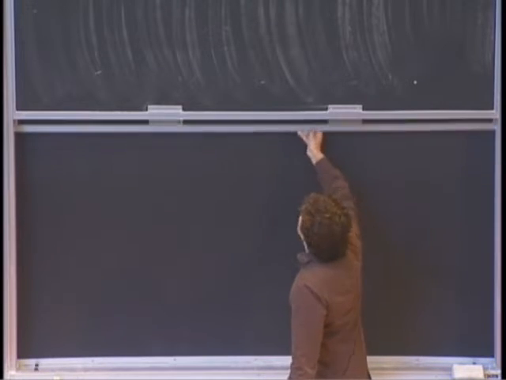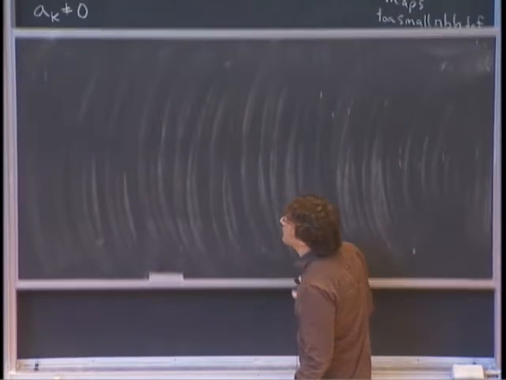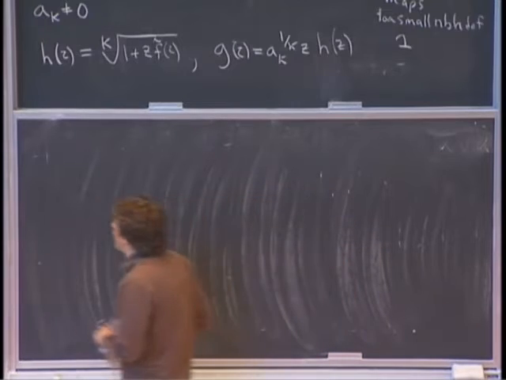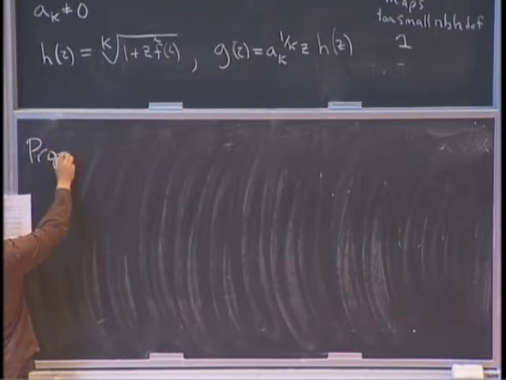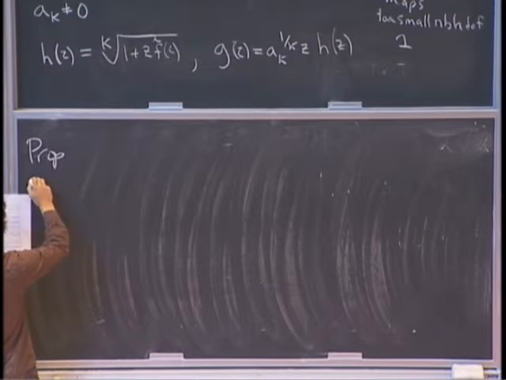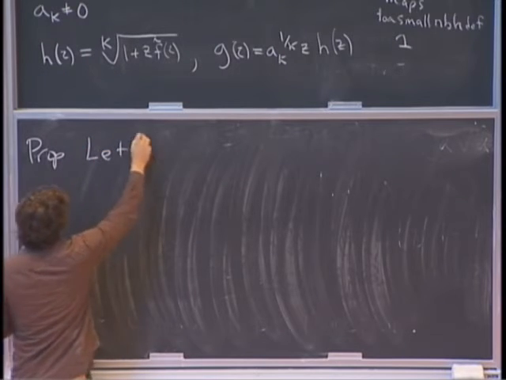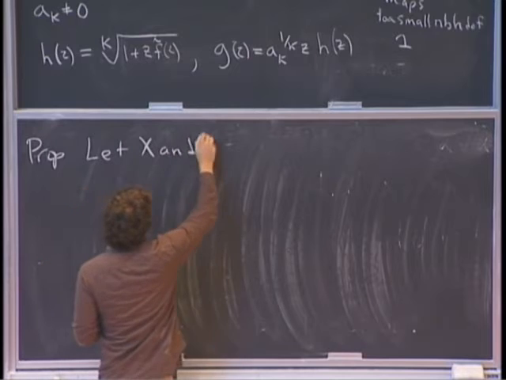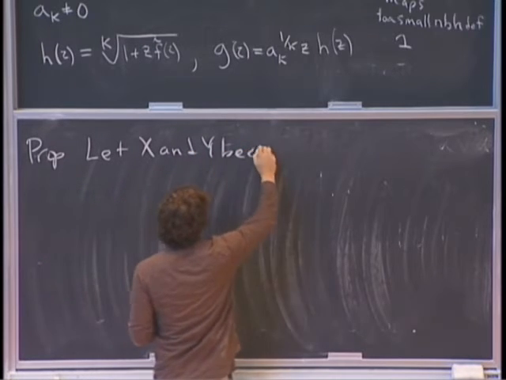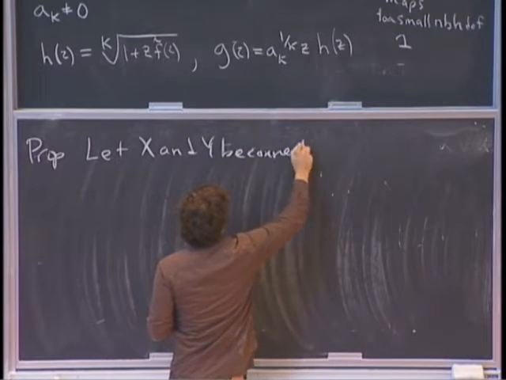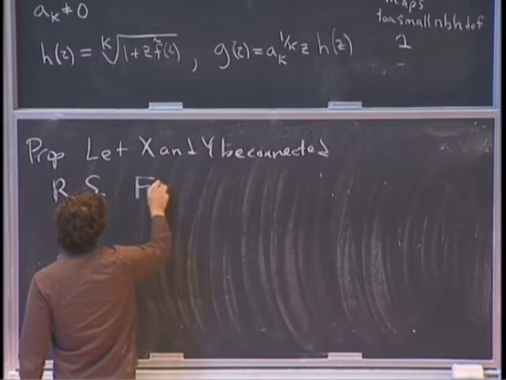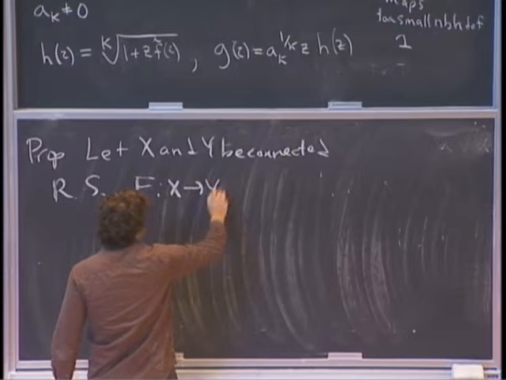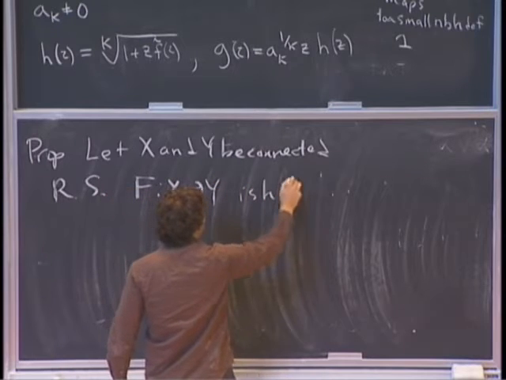But the point is, this allows us to prove the following fact, which is this kind of local structure for a holomorphic map. So let X and Y be, say, connected Riemann surfaces, and let's say f between X and Y is holomorphic.